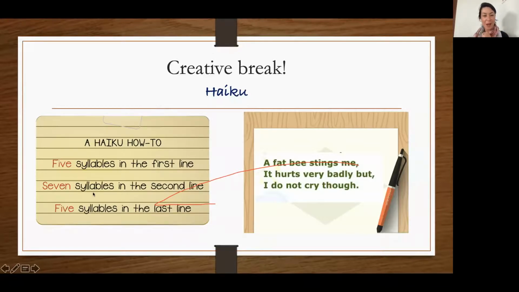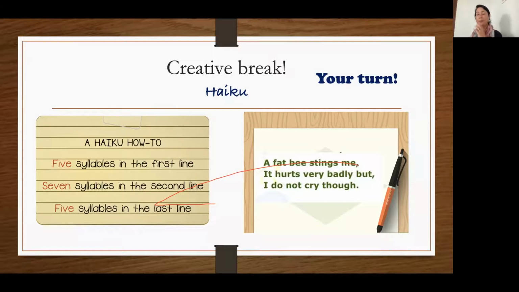So I would love for you to share your haikus with me. You can write about anything you want. You can put them in the chat. Make sure you don't push enter till you put the whole thing. Otherwise, your poem will become separated. It should be something with 5 syllables, 7 syllables, and 5 syllables. I'll see if I can think of one and also write it in the chat.